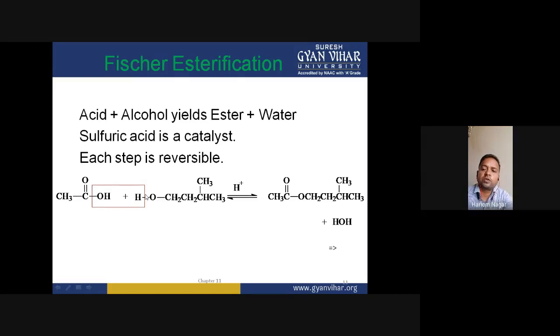So what we can conclude from this reaction is that the H plus ion is given by the alcohol, so it acts as acid, and OH minus is given by the carboxylic acid, so it acts as base. Their nature in this reaction is just opposite to their original acid or base property.